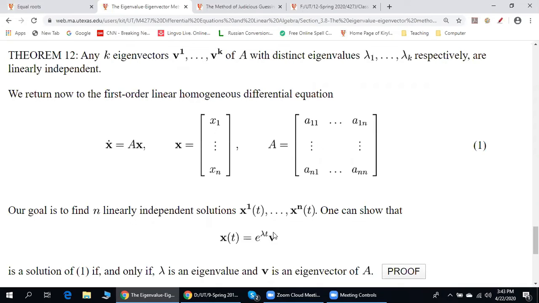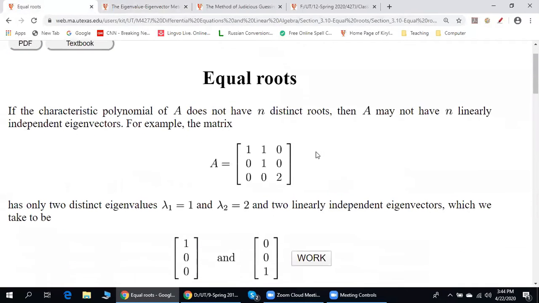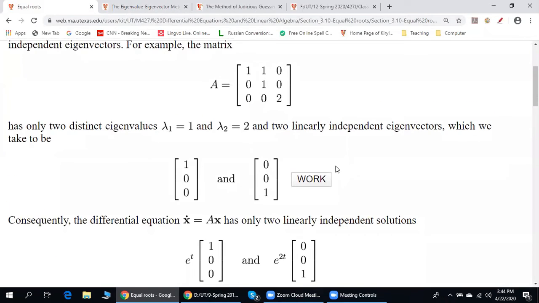However, sometimes we have an n by n matrix, but it is impossible to find n linearly independent eigenvectors. Here's an example. Please take a look at this 3 by 3 matrix.